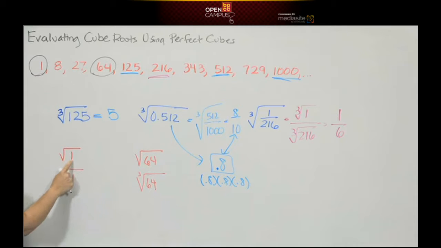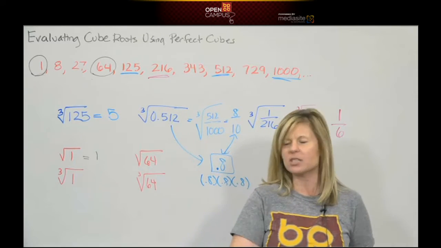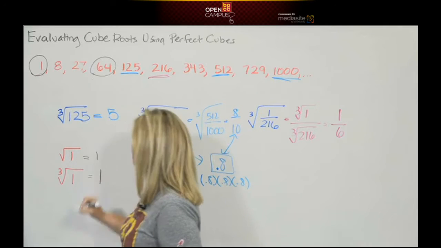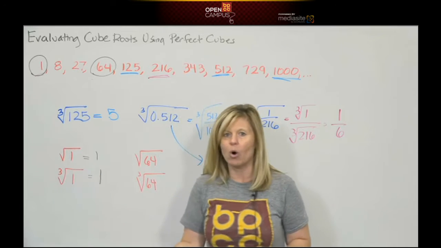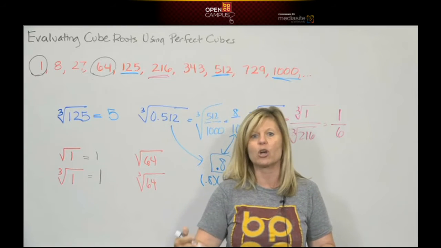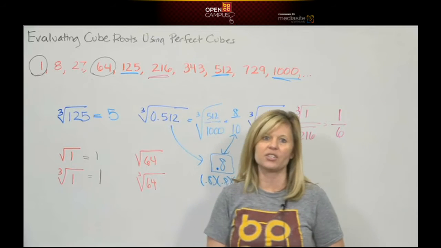If I say the square root of 1, what times itself is 1? Well, that's 1. If I say the cube root of 1, well, if I multiply a number 3 times to give me 1, that can also be 1. So you're going to learn if you're doing a root of the number 1, it doesn't matter what root, your answer is always 1.